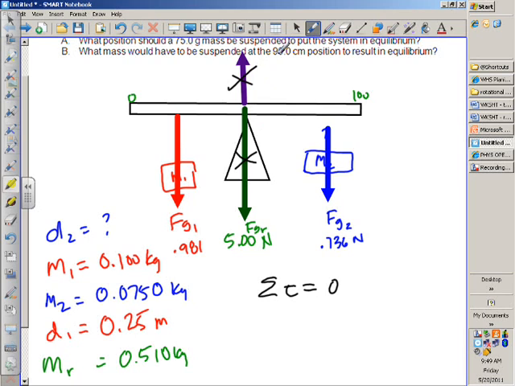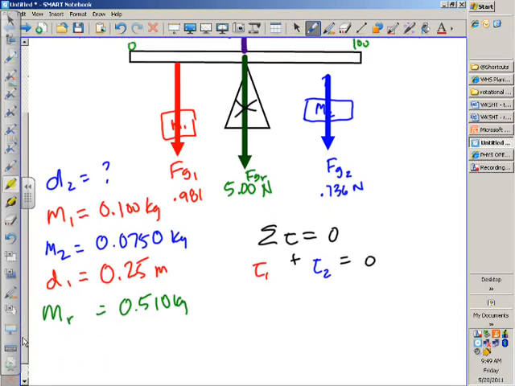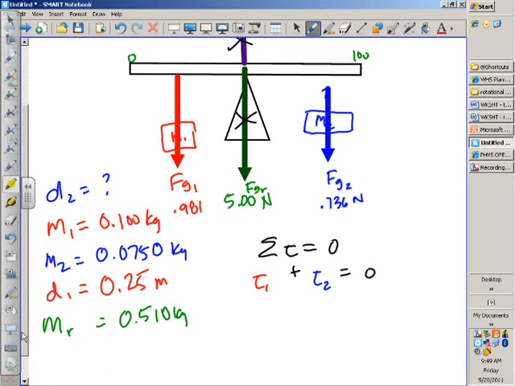So it doesn't matter that we don't know what this normal force is, because it really doesn't matter anyway. Okay? So that means we have torque 1 plus torque 2 has to equal 0. Just like we talked about before, what do we see about those 2 torques? What kind of rotation are they going to be causing?